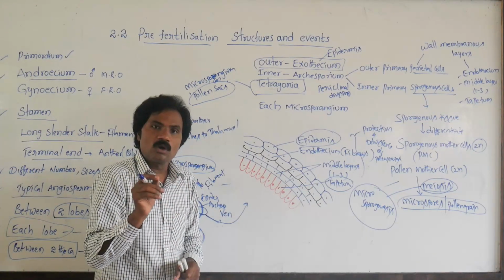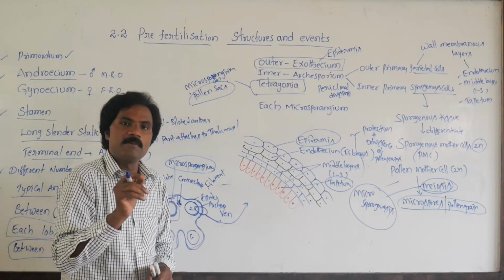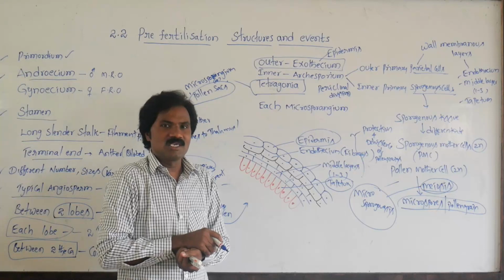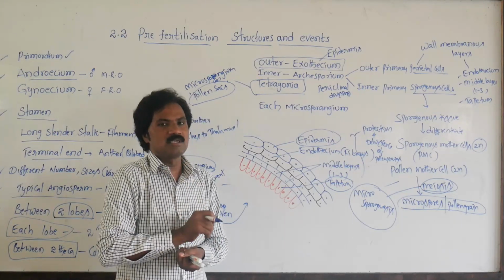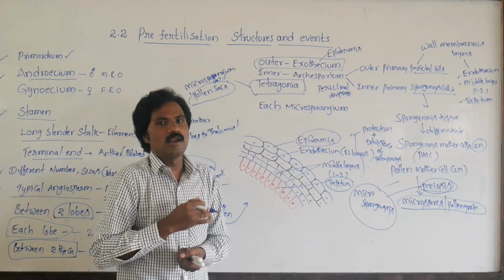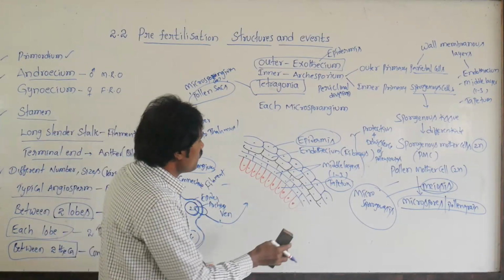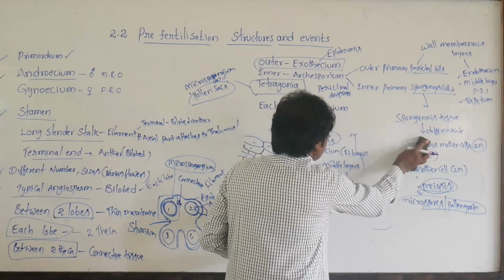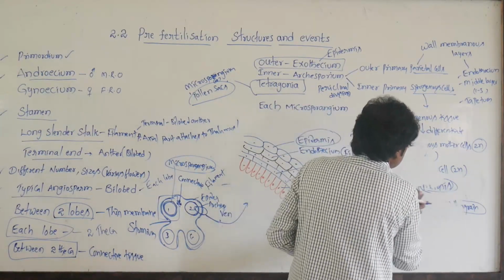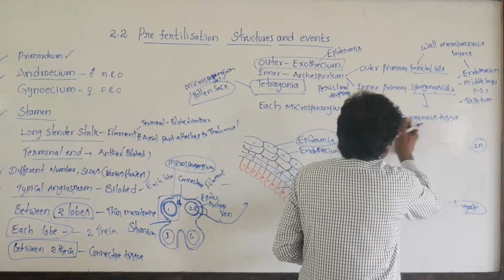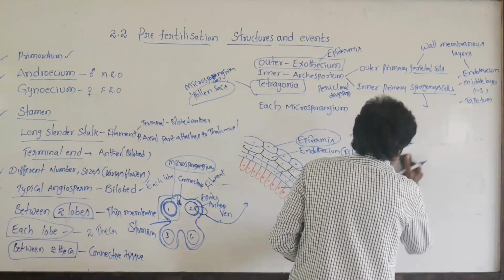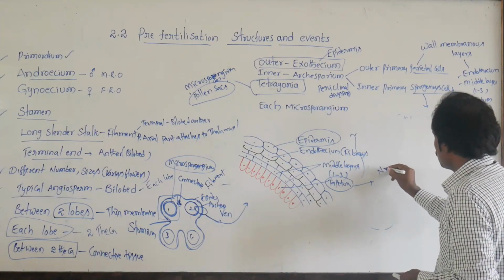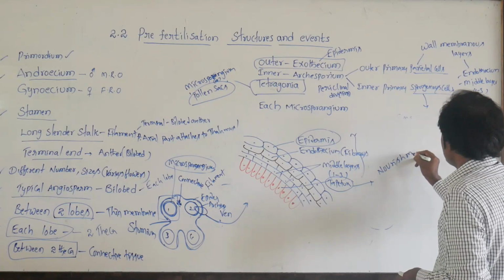But what is the vital role of the tapetum? The tapetum acts in nourishment of the sporogenous cells, nourishment of the pollen mother cells, and nourishment of the pollen grains or microspores. The tapetum cells play a vital role.